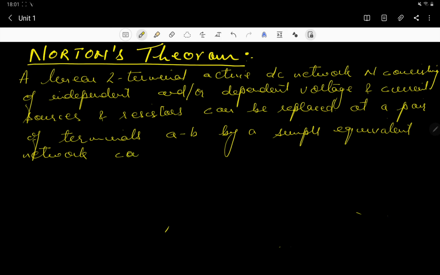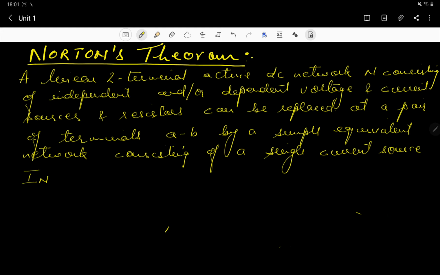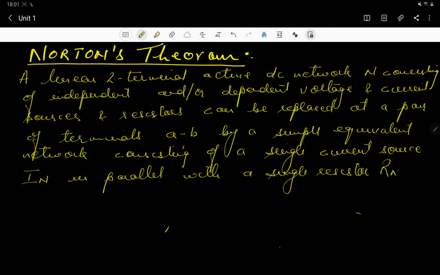consisting of a single current source IN, in parallel with a single resistor Rn.